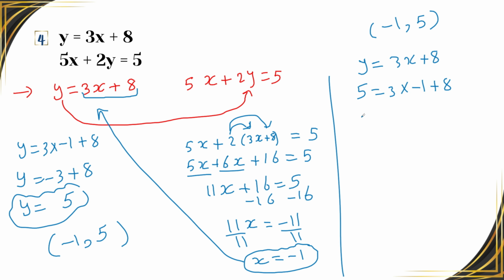We need to check whether 3 times negative 1 plus 8 gives us 5 or not. 3 times negative 1 is negative 3, plus 8. Negative 3 plus 8 is 5. Yes, correct, so it satisfies this equation. And you should check that the next one will also be satisfied. In this case, the solution is negative 1 and 5.